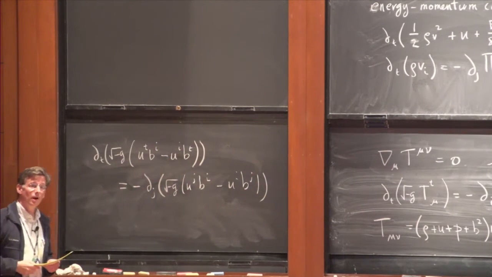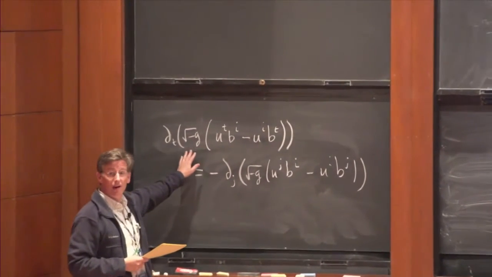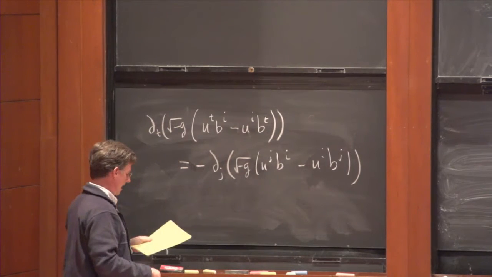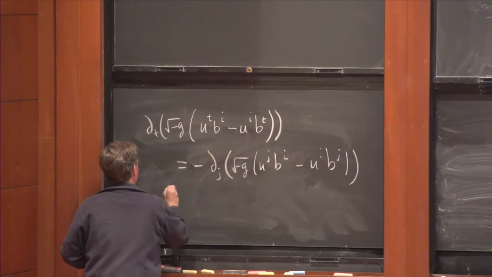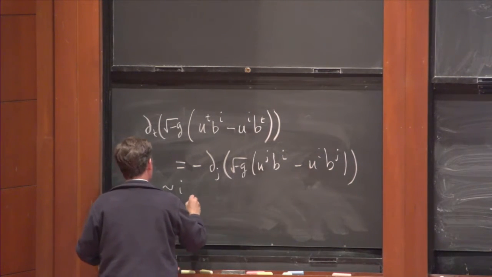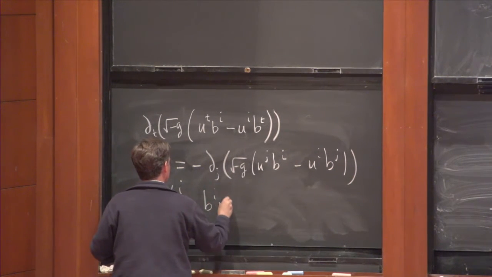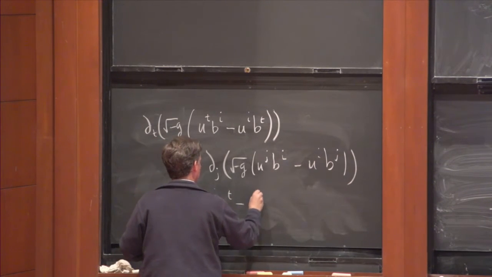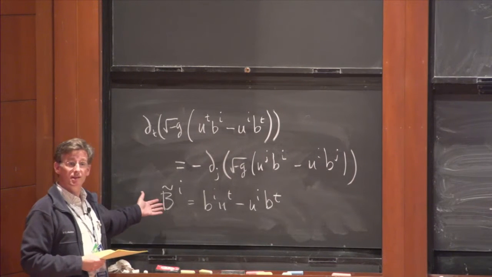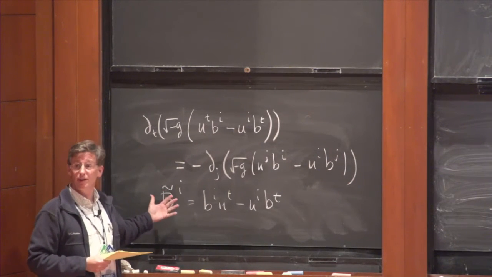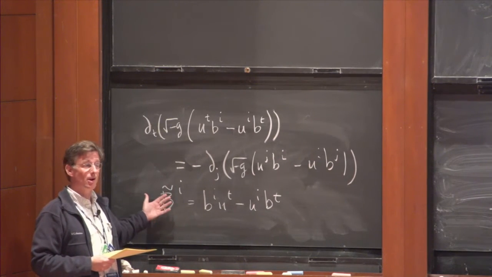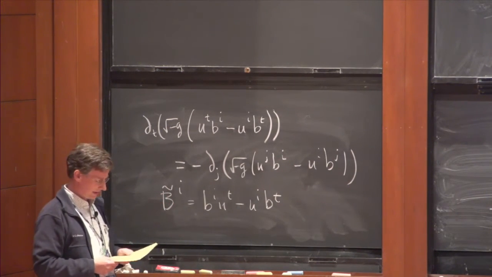Okay, so then it's convenient to define a new variable which is related to the time component here, and that we'll define as b tilde^i, and that's just b^i u^t minus u^i b^t. Okay, so this is the so-called primitive variable that's used in evolving the equations. This is the basic representation for the magnetic field.